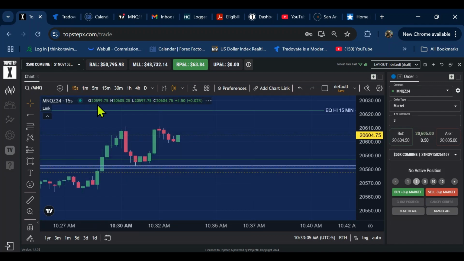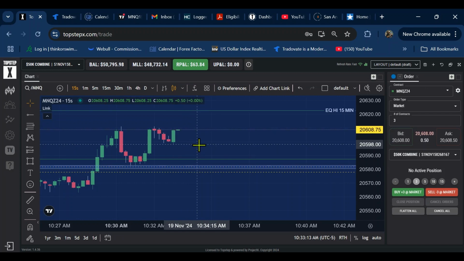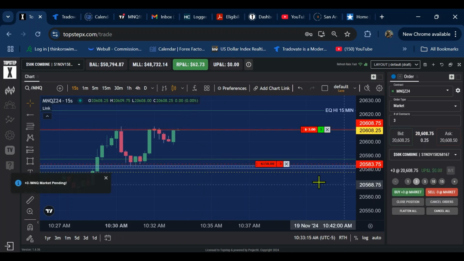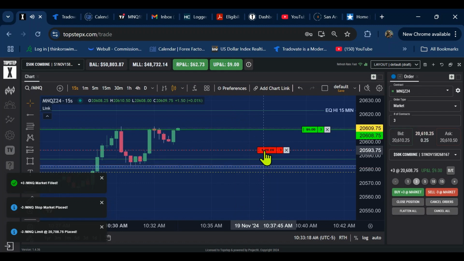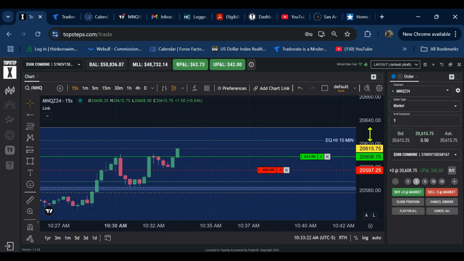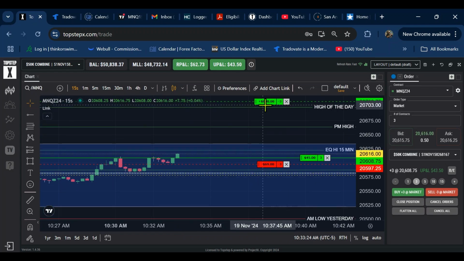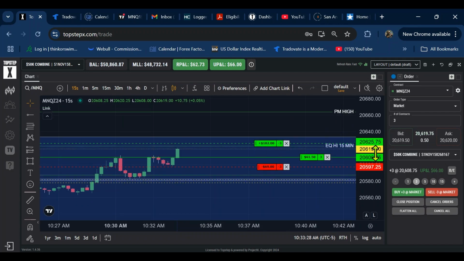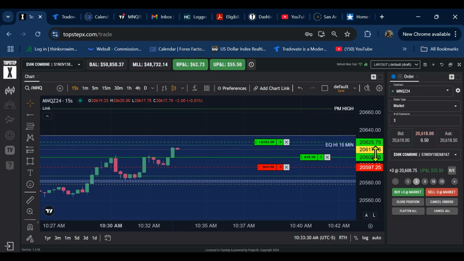I'm going to go to a smaller time frame here. I like it. I'm going to get in. Stop goes here. Take profit right above those relative equal highs. And that should pop it.